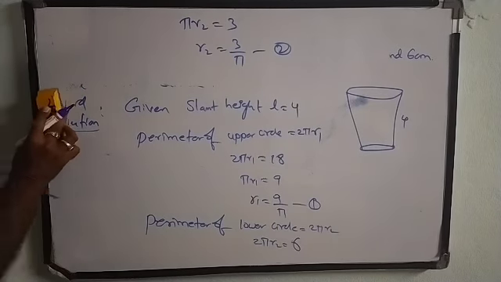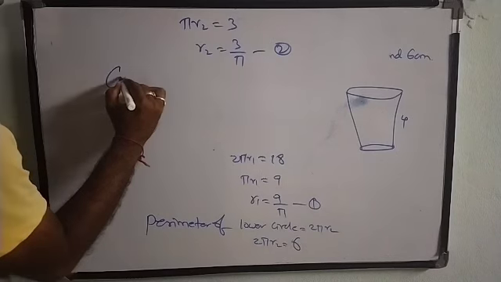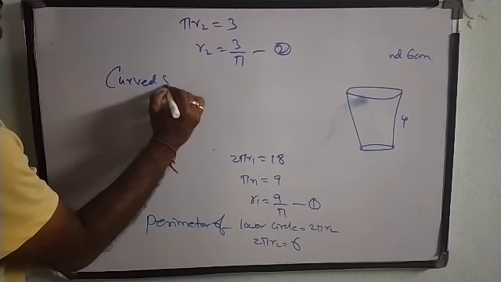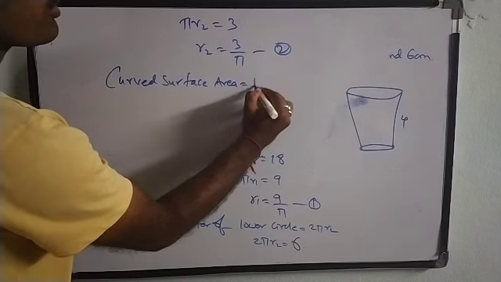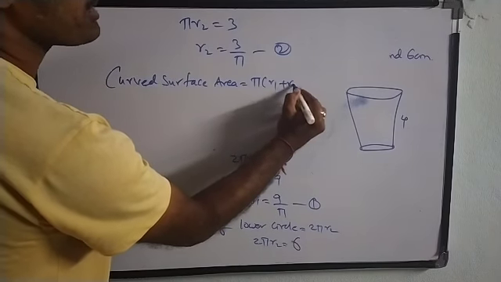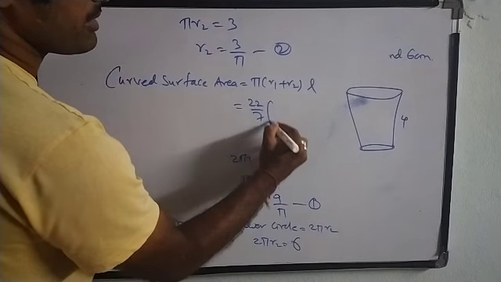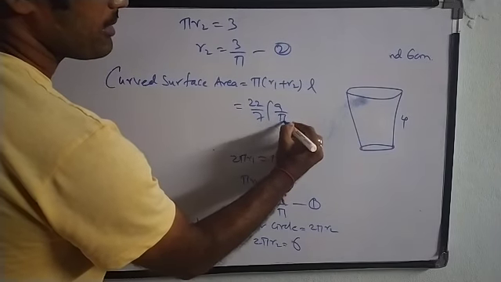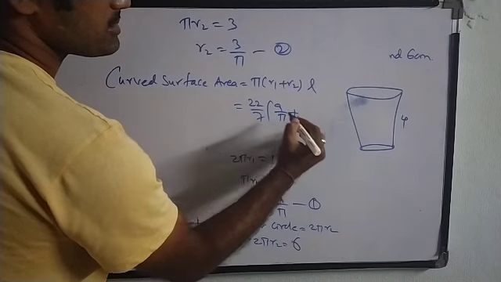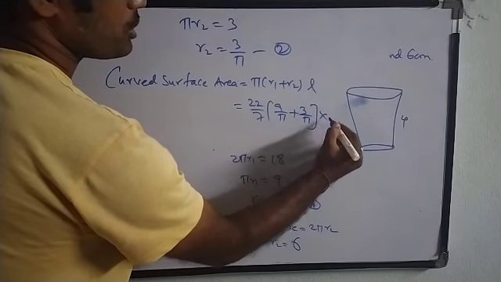He is asking in the question curved surface area. So curved surface area is equals to pi into r1 plus r2 into L. That is pi is 22 by 7 into r1, 9 by pi plus 3 by pi, into L is 4.